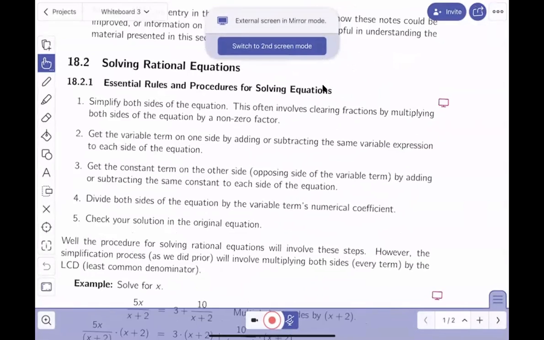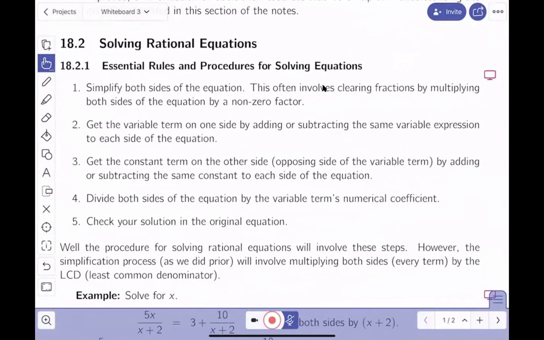So, essential rules and procedures for solving equations. What kind of equation are we doing over here? We're doing what's called a rational equation. And now I've got these rules to do it. The number one rule: simplify both sides.